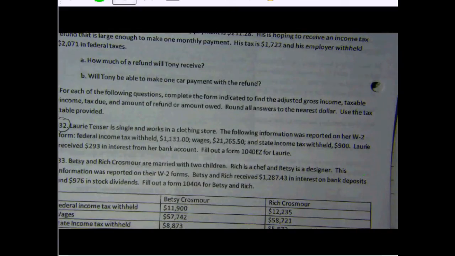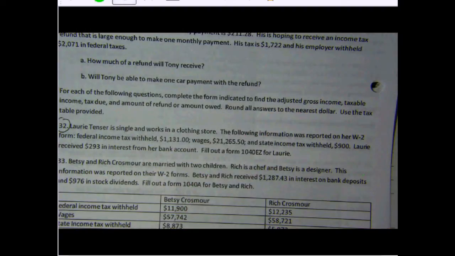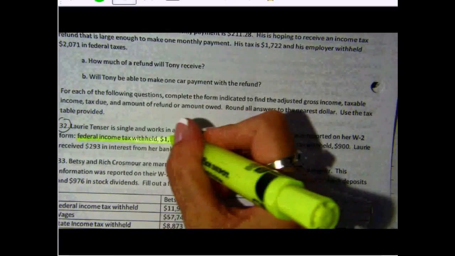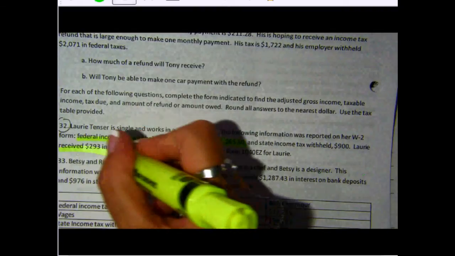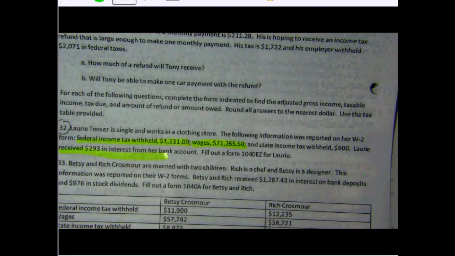There are other forms that you fill out if you have state income tax, but we don't do that here, and those get sent to the state, not for federal. So it's two separate filings that you have to do. But what we need is her federal income tax withheld, her wages, her interest, and that's all we need.